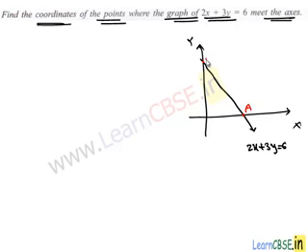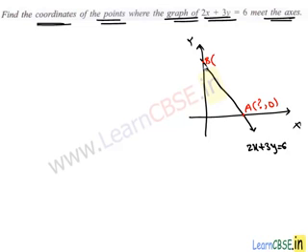We take A and B as the 2 points where the graph meets the x axis and y axis. To find these coordinates, we know that the distance of point A from the x axis is 0. Therefore, its y coordinate must be 0 and we don't know its x coordinate. We find its x coordinate by using this equation.